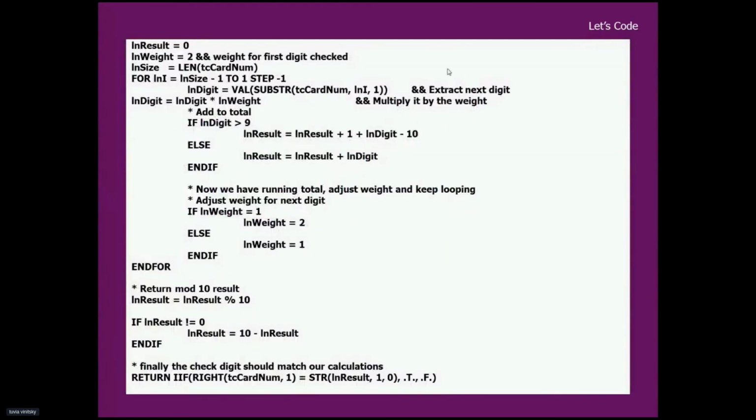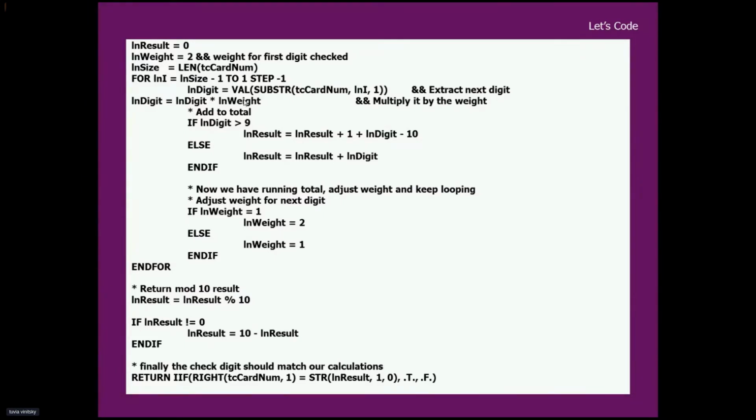Let's see how we do that. So we've got our credit card number, and we're going to count down from however long it is, let's say 16 characters, minus 1. Remember, the last digit is the checksum. So if it's a 16-character card, we want to validate numbers 15 through 1. So we're going to start from the size minus 1 down to 1, step negative 1. Then we're going to extract that digit and multiply it by the weight.